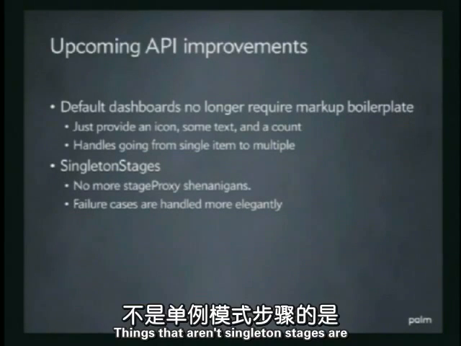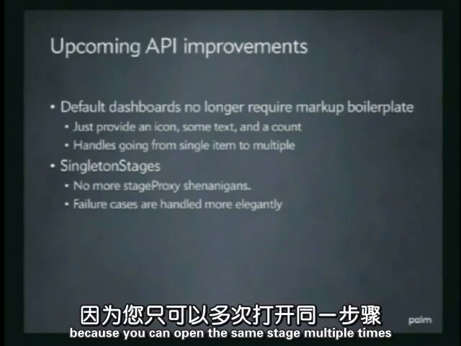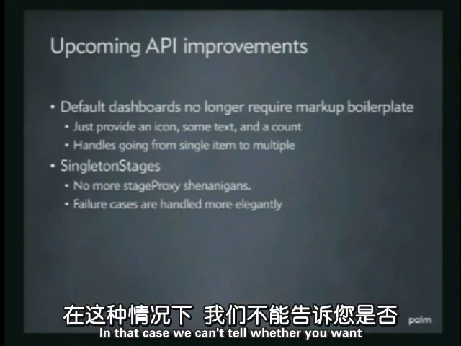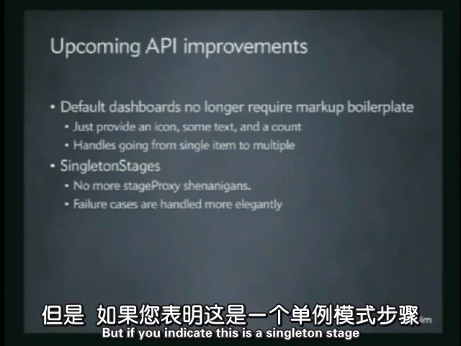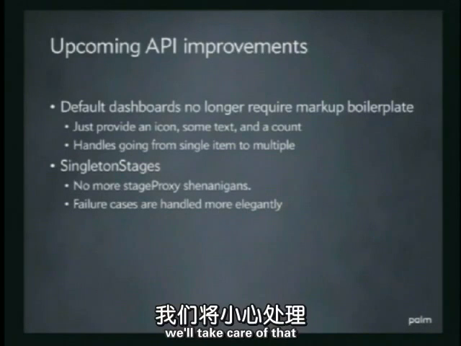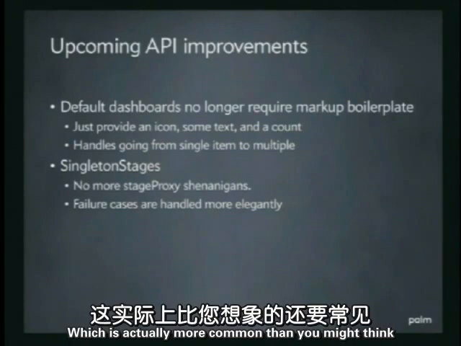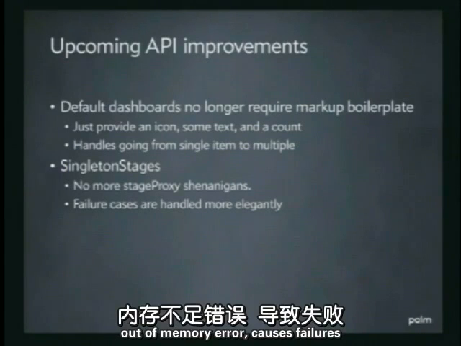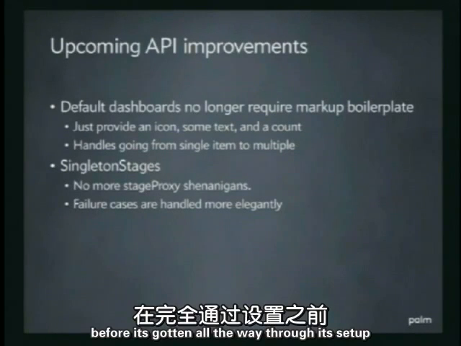Things that aren't singleton stages are the compose window or a browser window, because you can open the same stage multiple times. In that case, we can't tell whether you wanted to actually open a new stage or not. But if you indicate that this is a singleton stage, we'll take care of that, and we'll also report back failure if it didn't open correctly, which is actually more common than you might think, because the out-of-memory error causes failures, or if somebody swipes the card off before it's gotten all the way through its setup.